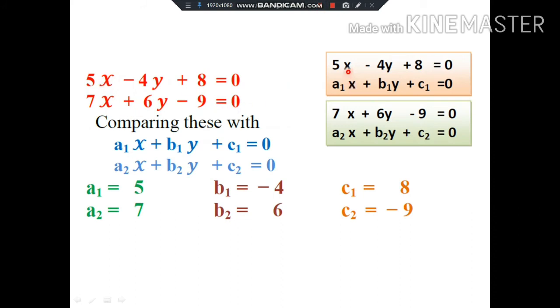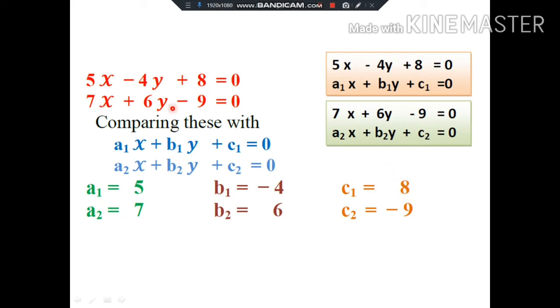Dear children, 5x minus 4y plus 8 is equal to 0. Compare this with the standard equation a1x plus b1y plus c1 is equal to 0. What do you get? You'll get a1 is 5, b1 is minus 4 and c1 is 8.